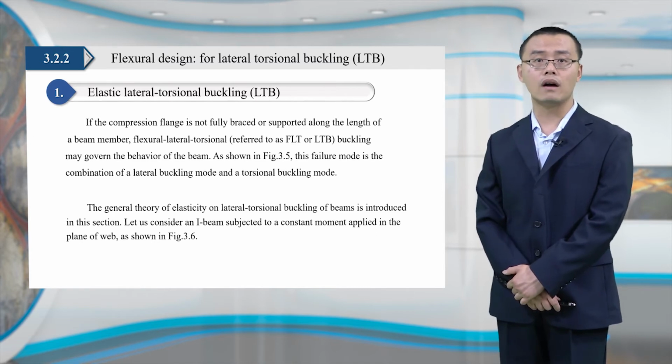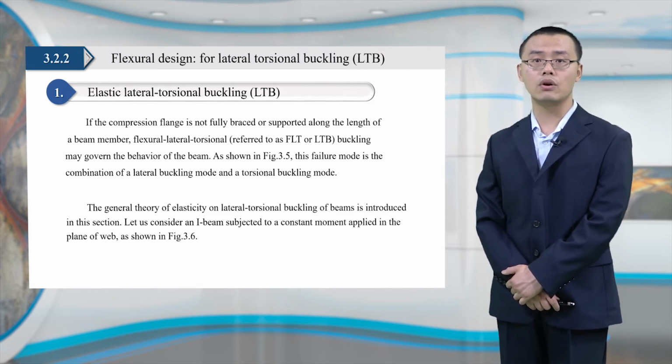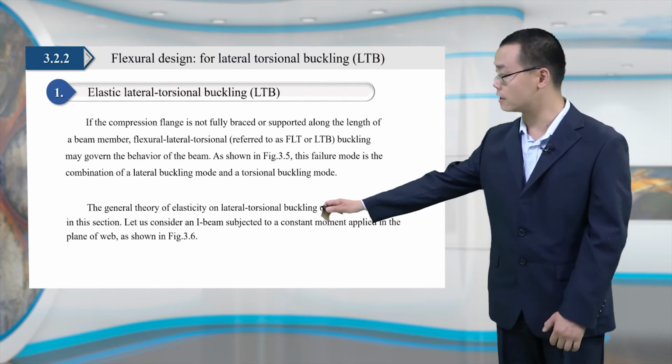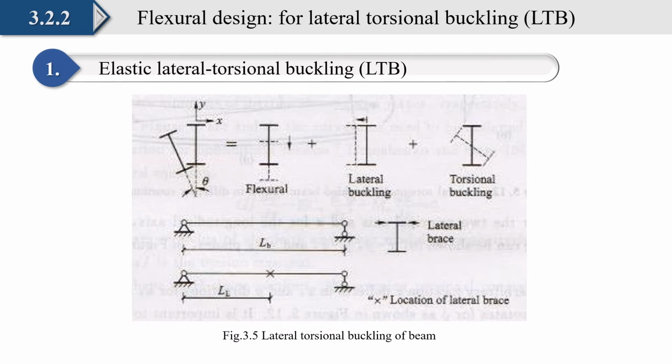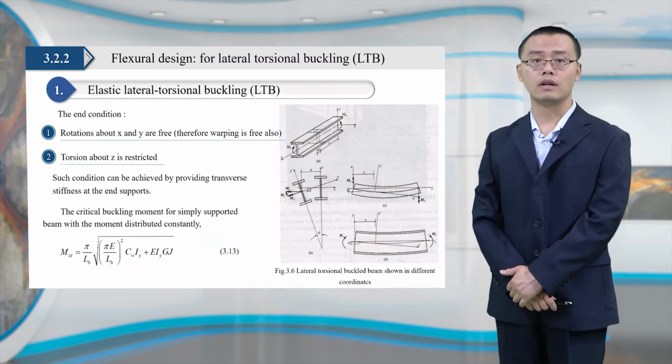Let's consider an I-beam subjected to a constant moment applied in the plane of the web, as shown in Figure 3.6. Now, you can see Figure 3.5 shows the developing process of lateral torsional buckling of the beam. Now, let's look at the end condition.